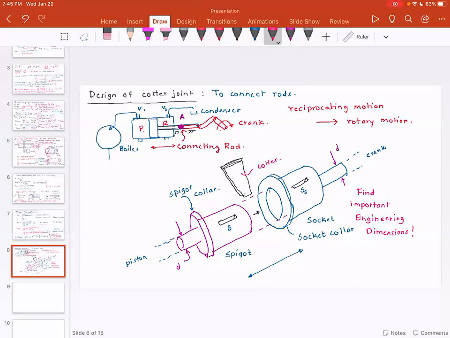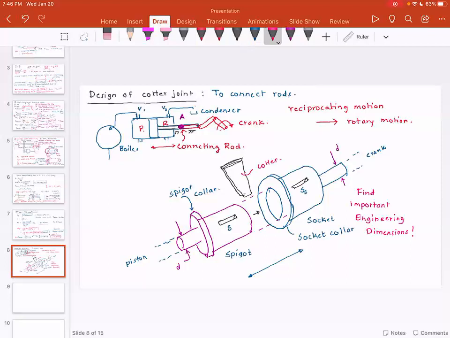But based on those critical dimensions, there are some associated dimensions that are required to actually draw or to build the cotter joint, and those dimensions come from empirical data. So we'll find out the important engineering dimensions, then we will use the design data book to find out the other dimensions of the cotter joint.